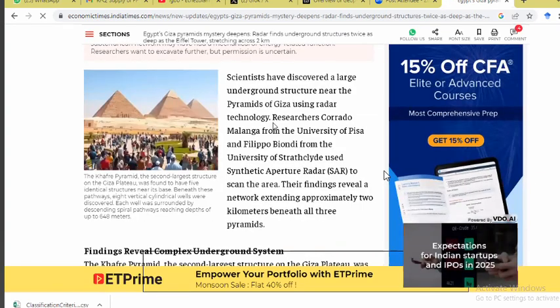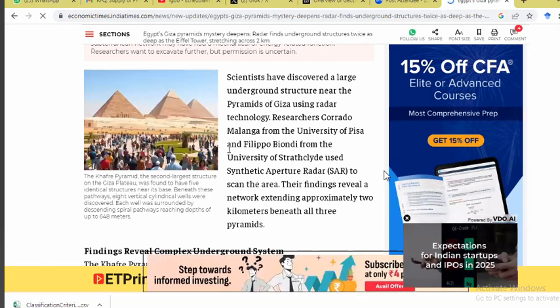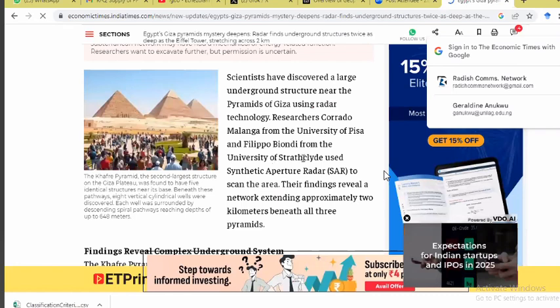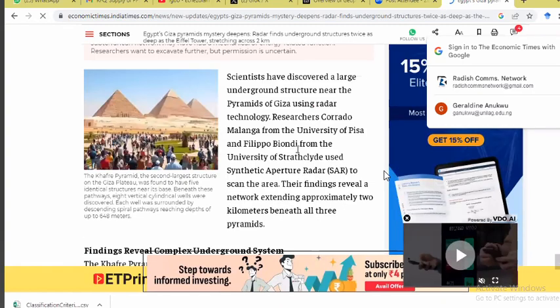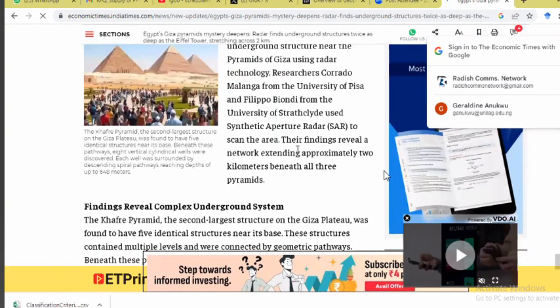So here you would notice that the researchers Corrado Malanga from the University of Pisa and Filippo Biondi from the University of Strathclyde used synthetic aperture radar. When they initially announced their findings and just said they used radar, a lot of people limited it to ground penetrating radar.